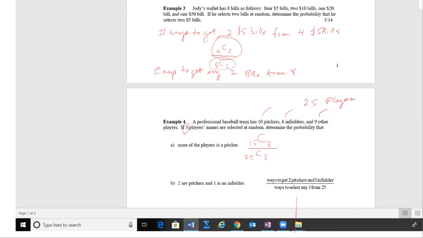Okay, and this one's small enough, I guess we can do the calculation. You got 4 factorial over 2 factorial 2 factorial, and then you have 8 factorial over 6 factorial 2 factorial, like that.